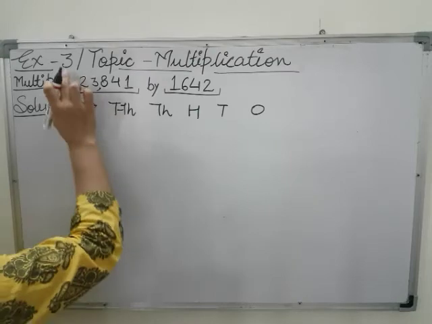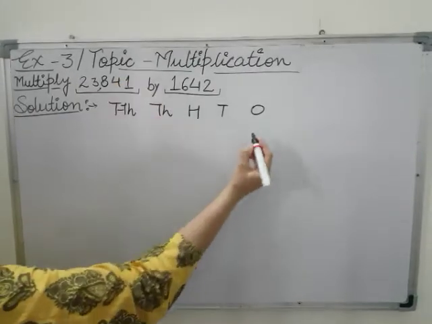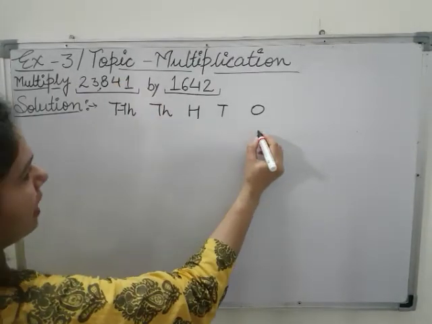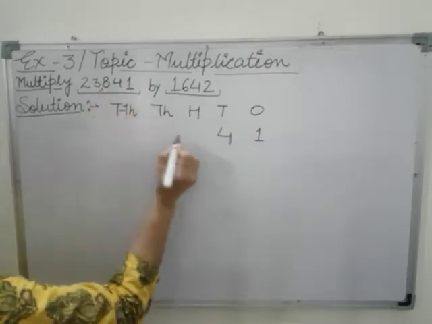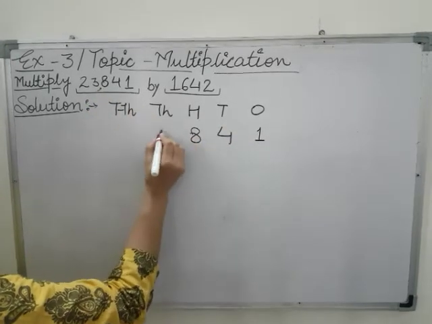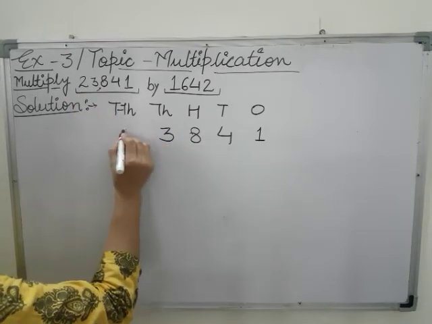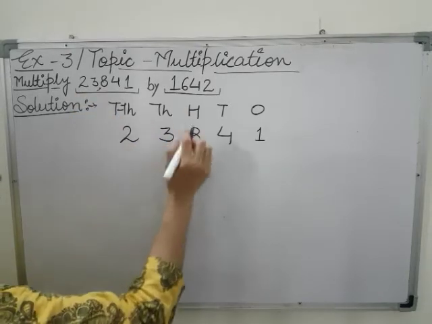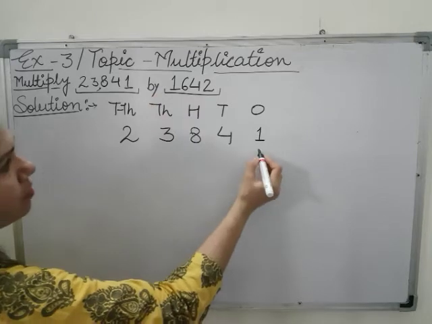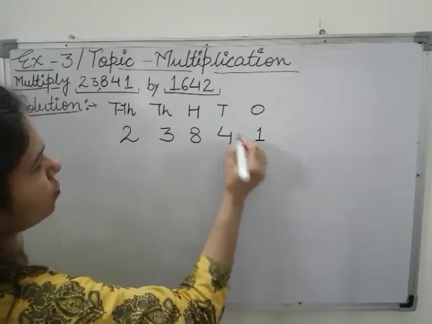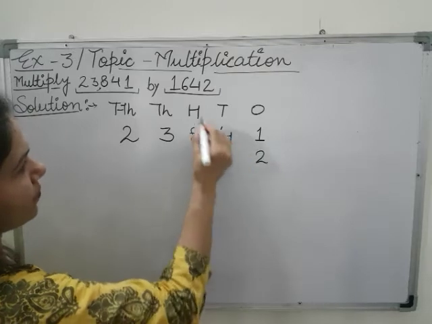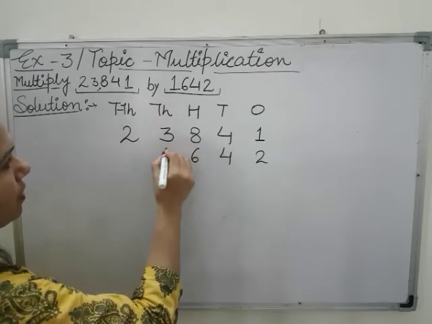First we will write this multiplicand from the ones place, and it is 1, 4, 8, 3, 2. And then we will write this multiplier from the ones place: 2, 4, 6, 1.